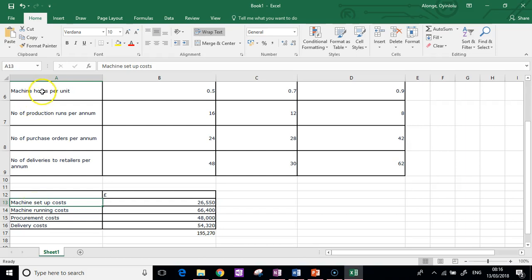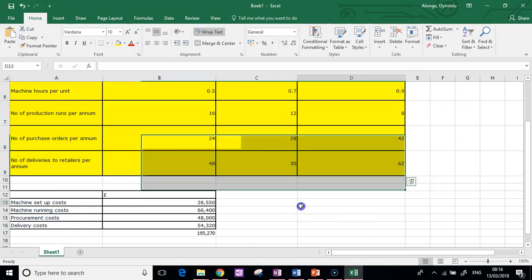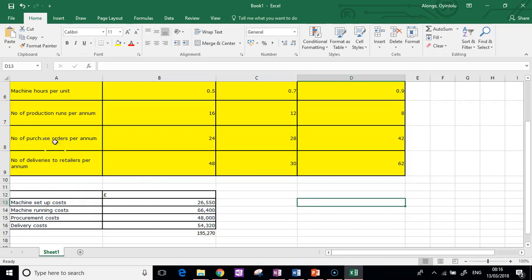What you have here is a list of what we refer to as drivers. In this scenario, let's look at this first one, delivery costs. We have delivery costs of 54,320. I'm telling you that widgets used 48 deliveries, cruettes 30, and gizzards 62.